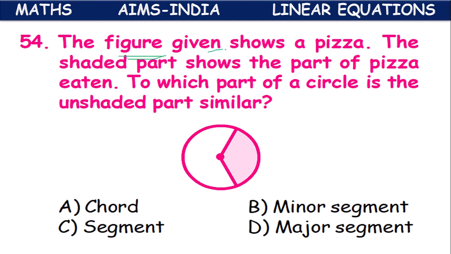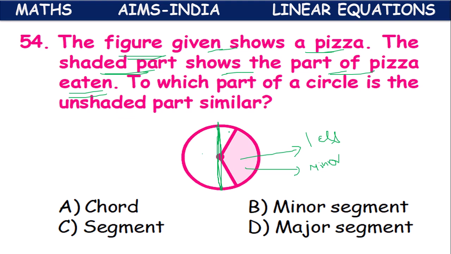The figure given shows a pizza. The shaded part shows the part of pizza eaten. If this is the half part, the shaded part eaten is less than half. So it is a minor segment.